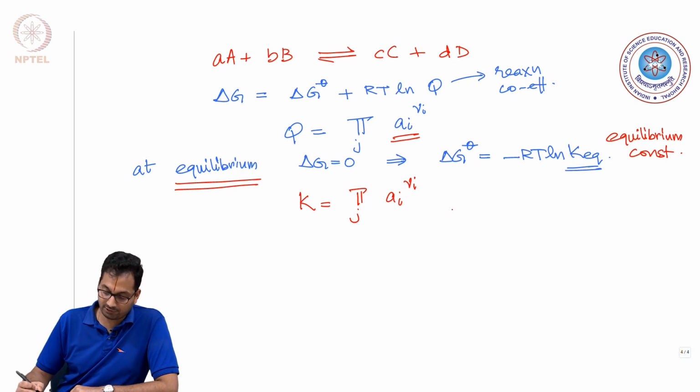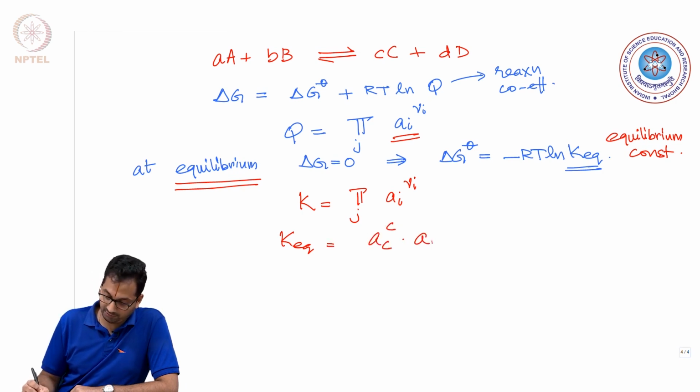And the important thing one has to understand, in the reaction given above, the K equilibrium will be given by activity of C to the power c times activity of D to the power d times activity of A to the power minus a times activity of B to the power minus b. So, basically that is what we are trying to say.